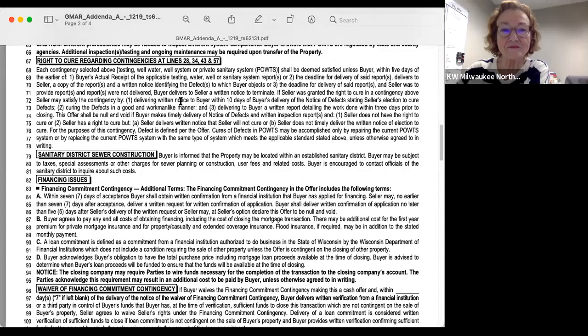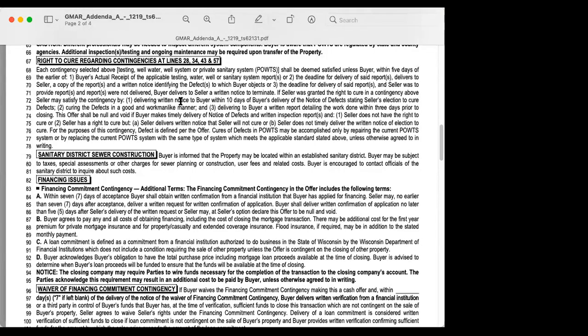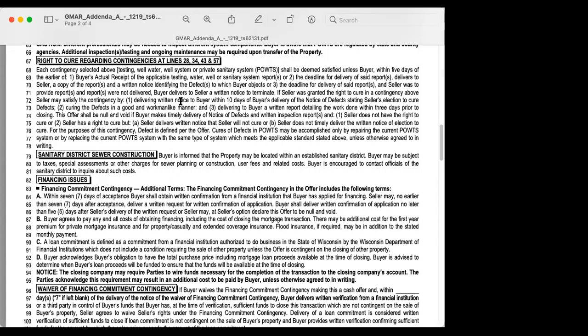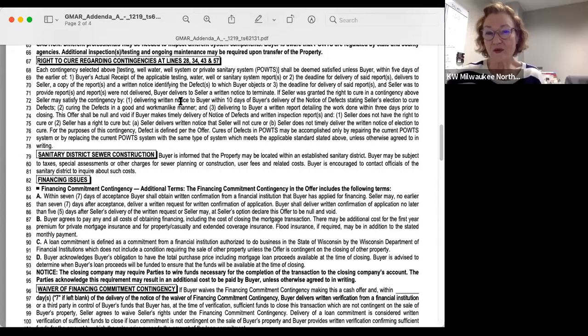So if some of these things come up and the buyer is like, hey, notice of defects, then you write all of this information in that document. Buyer and seller signature? No, a notice only has your buyer's signature on it. So you're sending a notice with your buyer's signature on it that they object to whatever defect there is.